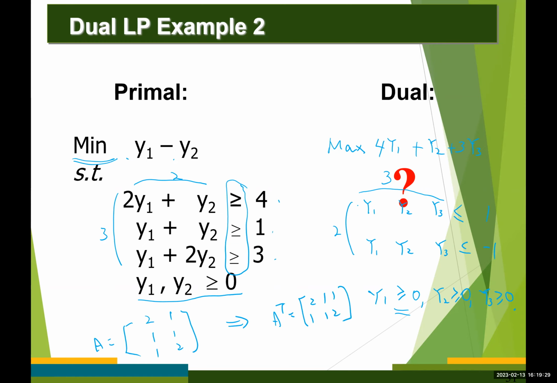So 2, 1, 1, 1, 1, 2. Very easy. This is our dual LP, given this as a primal LP. Okay.